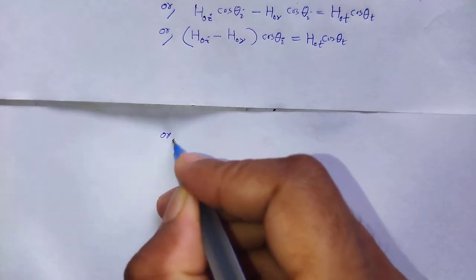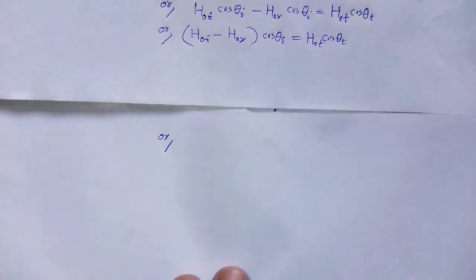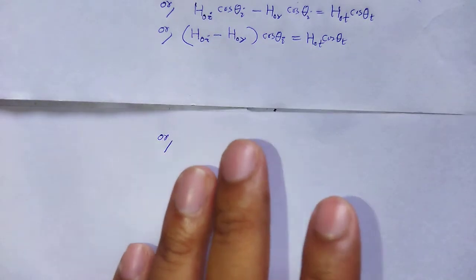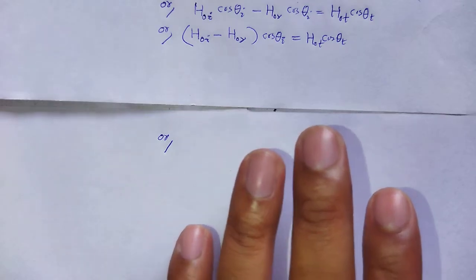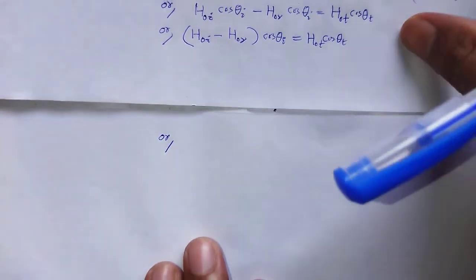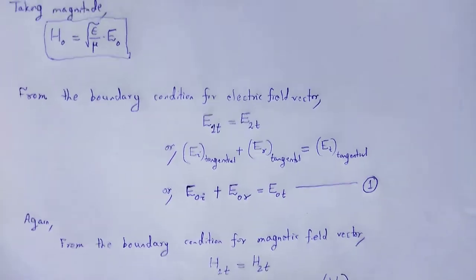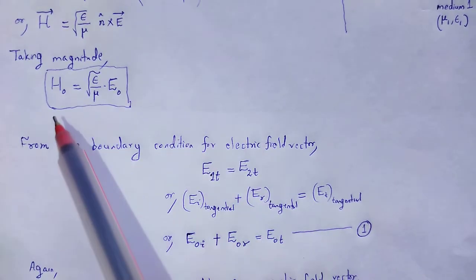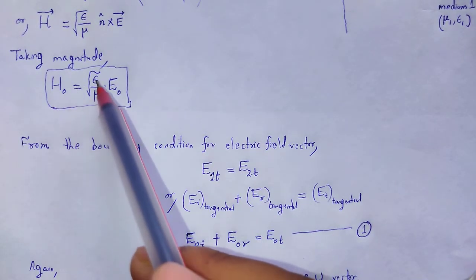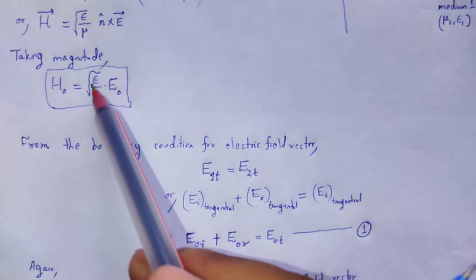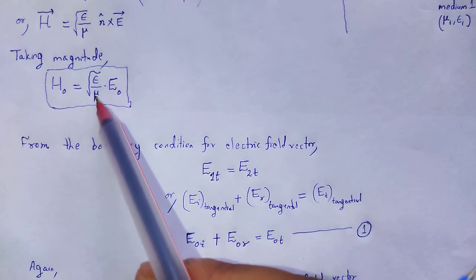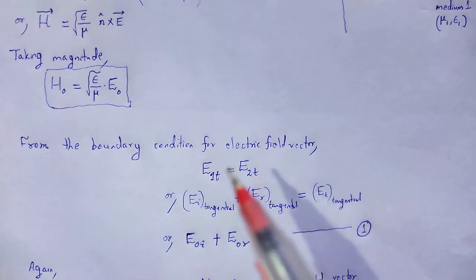Next, what is H O I? We use the relation between the H vector and the E vector, the magnitude part, as H O is equal to under root of epsilon divided by mu into E naught.